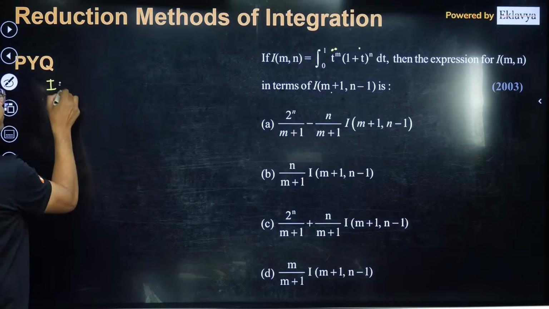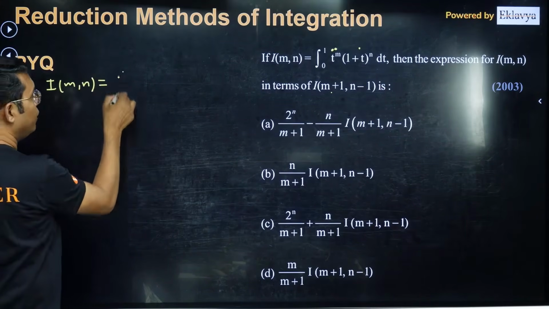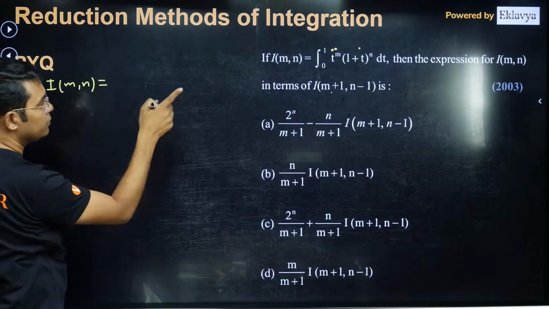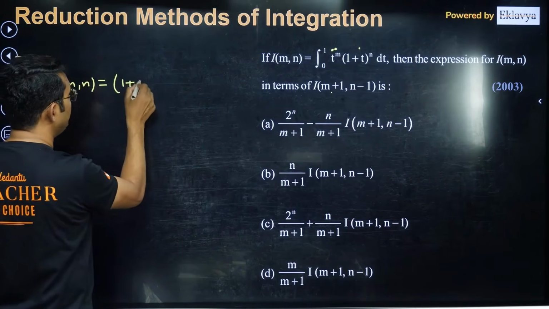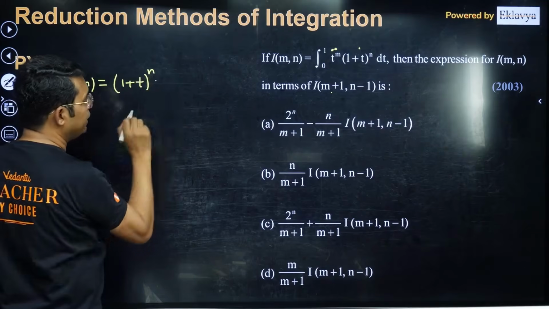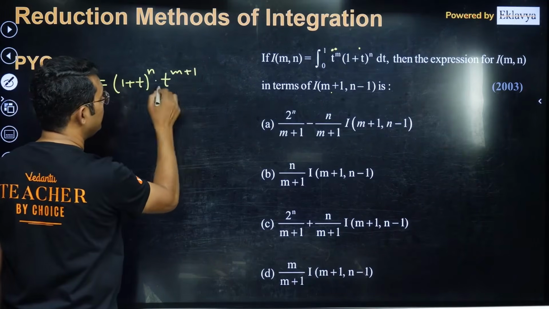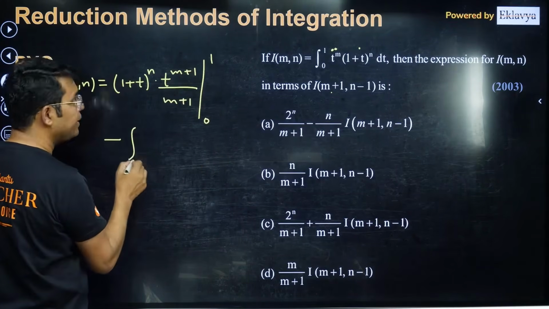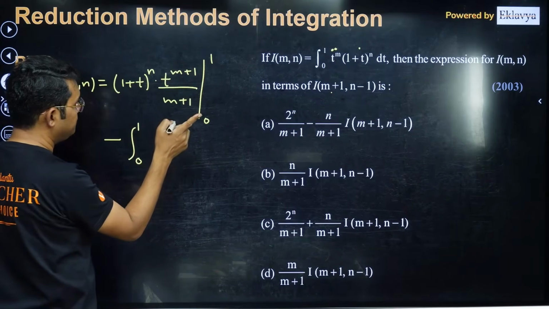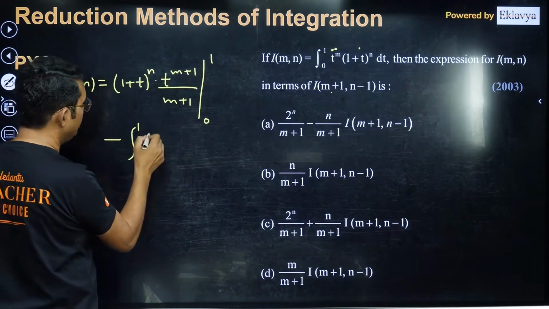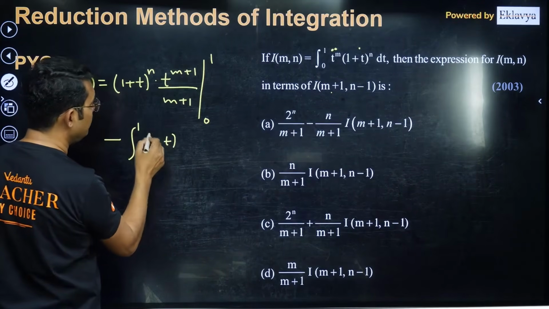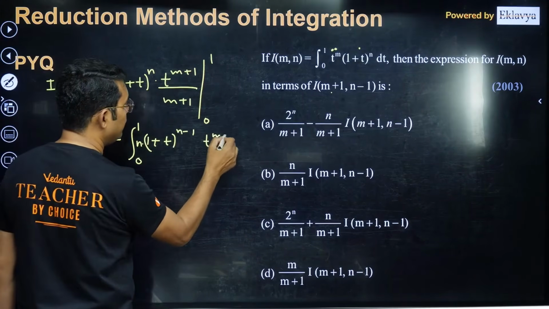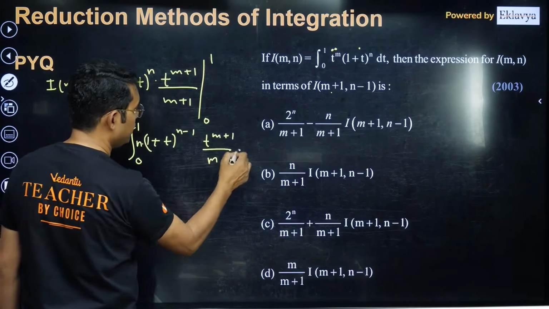So I m comma n will be equal to integral 0 to 1, first function as it is, 1 plus t raised to the power n. Second function integration is t raised to the power m plus 1 upon m plus 1, and here we will be putting 0 to 1, minus integral 0 to 1, 1 plus t raised to the power n minus 1 into n differentiation, and this t raised to the power m plus 1 upon m plus 1 into dt.